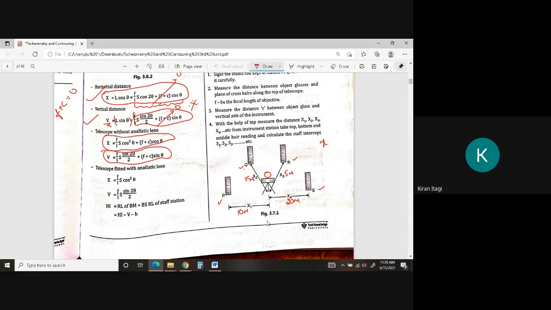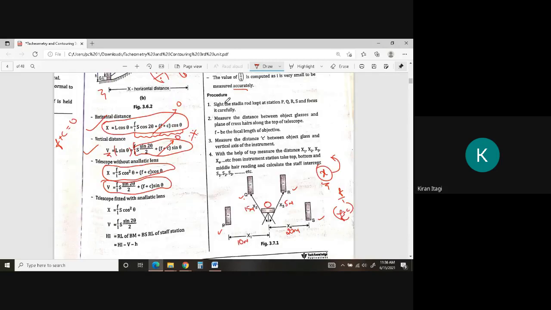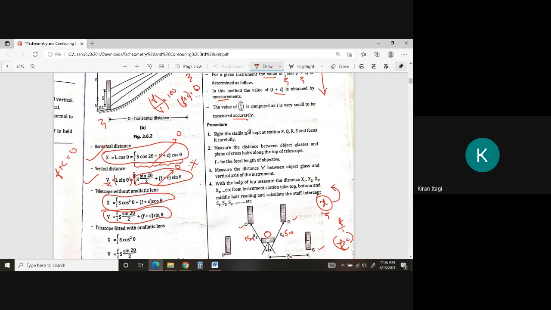Here we are already calculating the x manually, and substituting in the equation, so we will get f upon i and f plus c. Keep the staff rods at stations P, Q, R and focus carefully. Why should it be focused accurately?